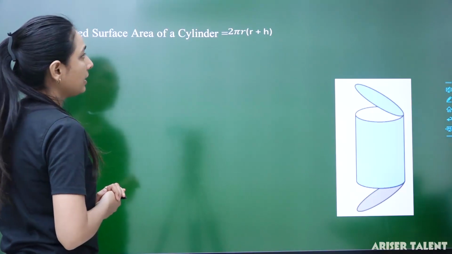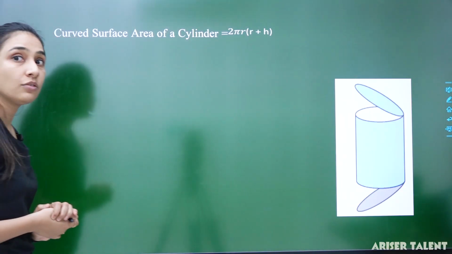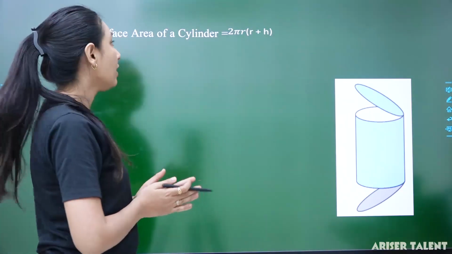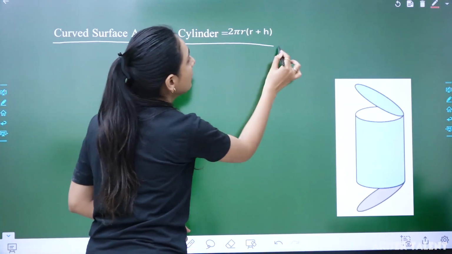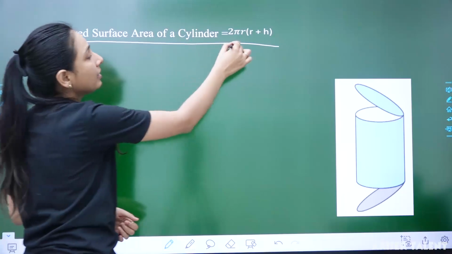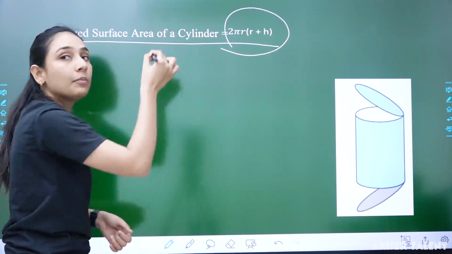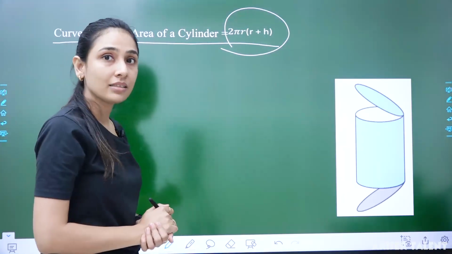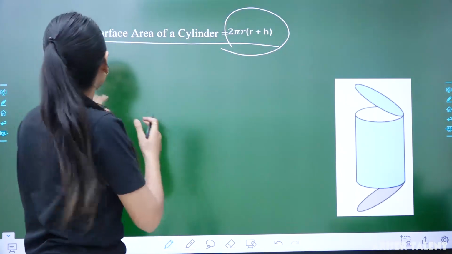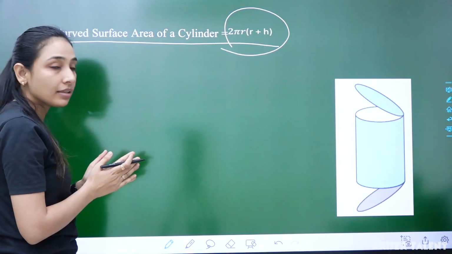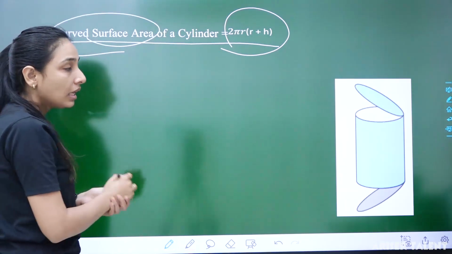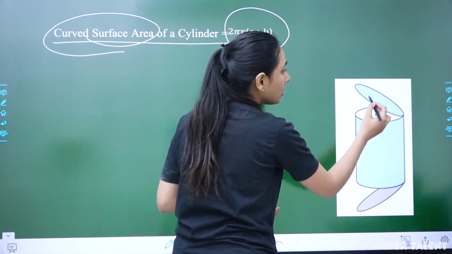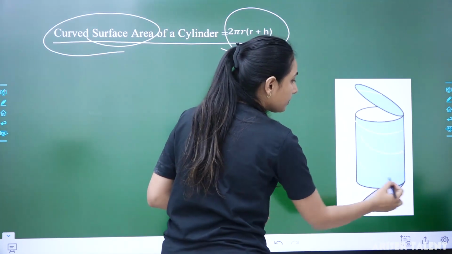Now the curved surface area of a cylinder, right? It's given that this is 2 pi r plus h. How is it something like that? What is the curved surface area of a cylinder basically? Curved surface area is this.